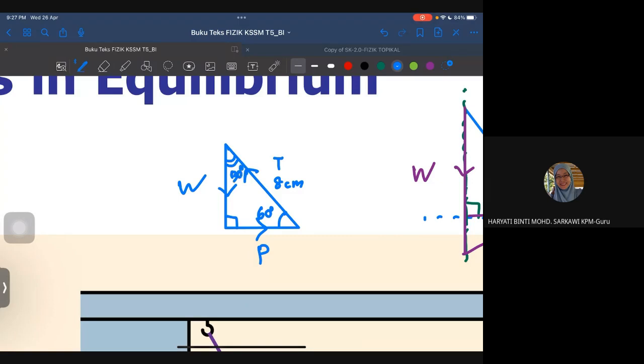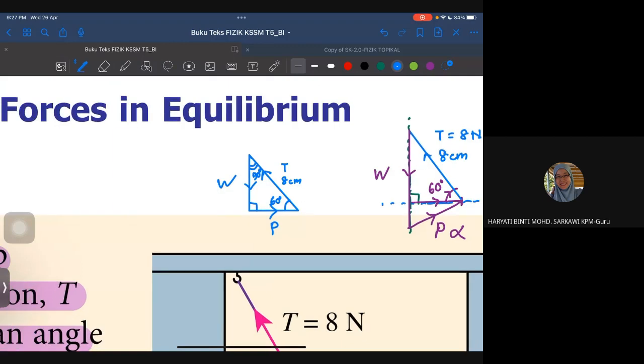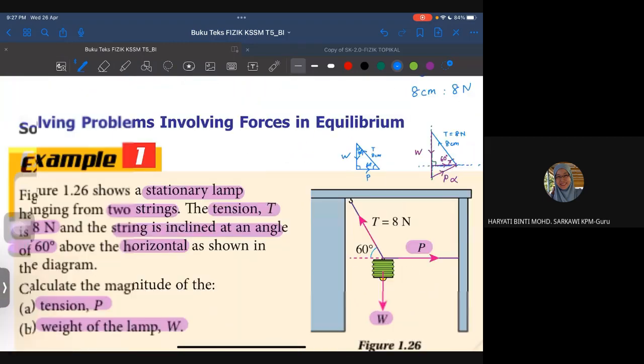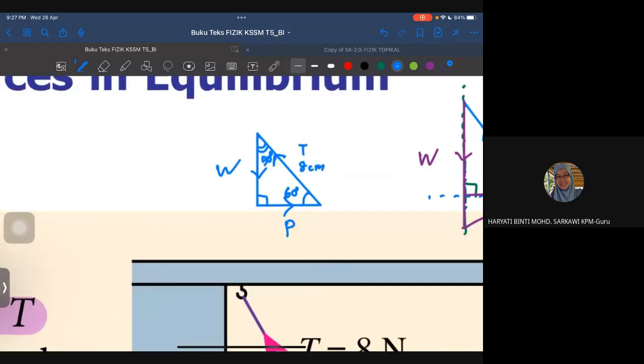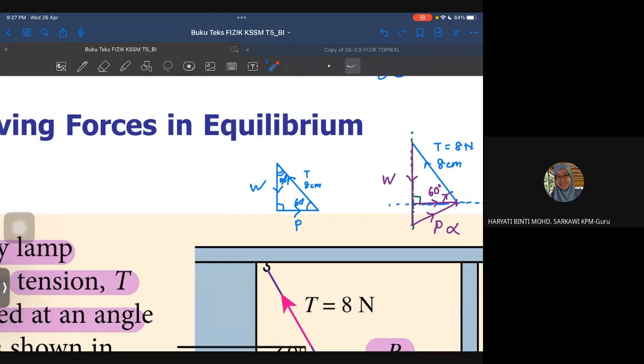Then since the question asks you to determine the magnitude of P and W, just measure this length and then refer to the scale. That will be the magnitude of P. And then to know what W is, you measure this length and then refer to the scale. That will be the value of W.